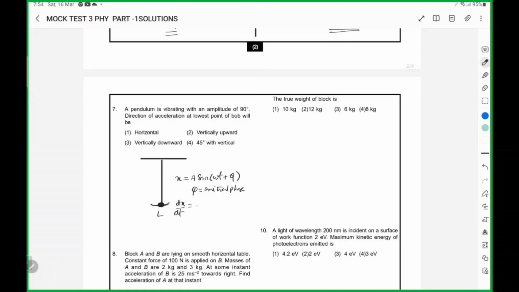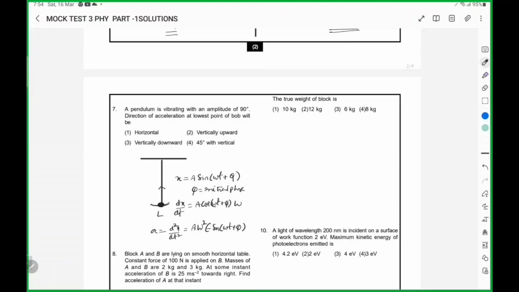dx by dt gives A omega cos(omega t plus phi). Acceleration is A omega square times minus sin(omega t plus phi).